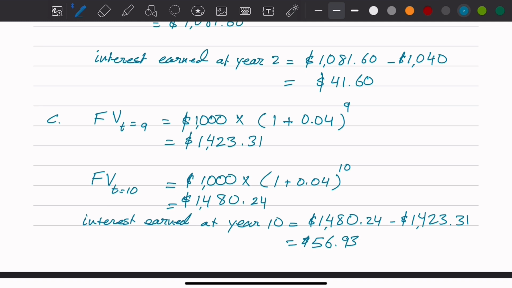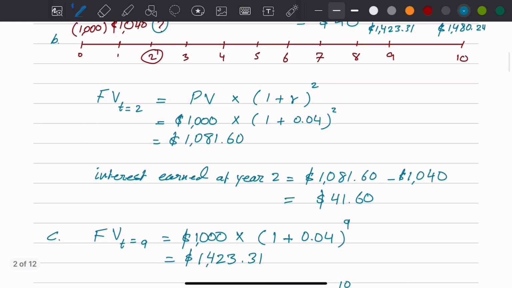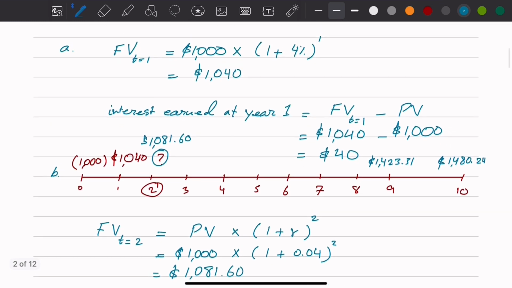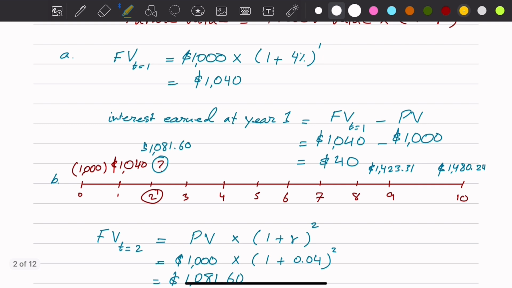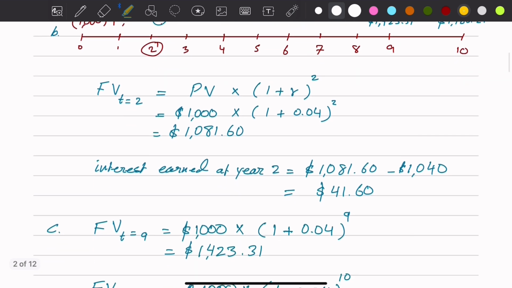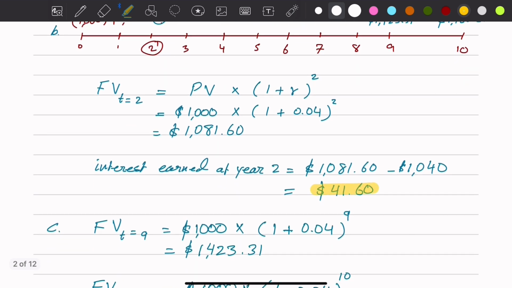So in the first year, the account only generated $40 in interest, right? Right here. Correct? In the second year, the interest earned had grown a little bit.